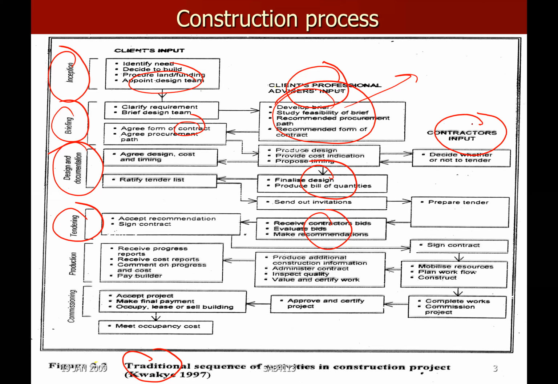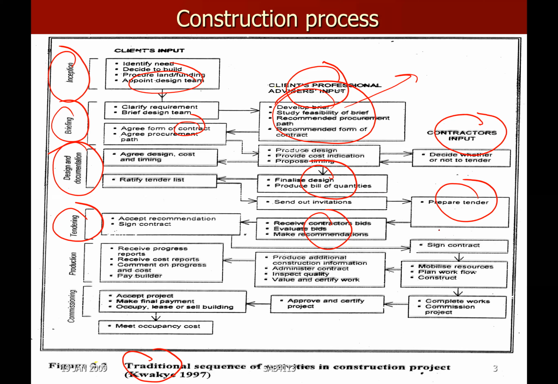Okay, so during the tendering stage, the contractor might get an early invitation from the client, and then they will decide whether they want to take up the project or not. So they need to prepare the tender document and then submit it for the consultant to evaluate, and then the contract is awarded.